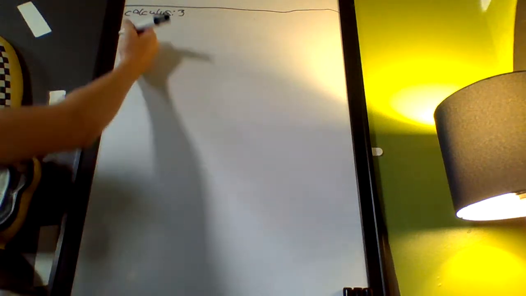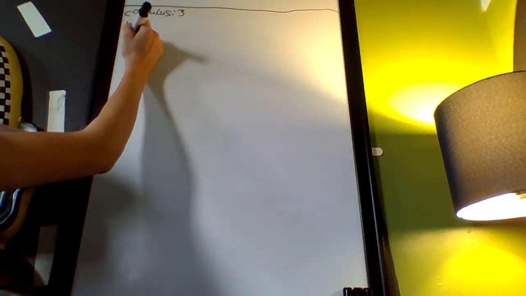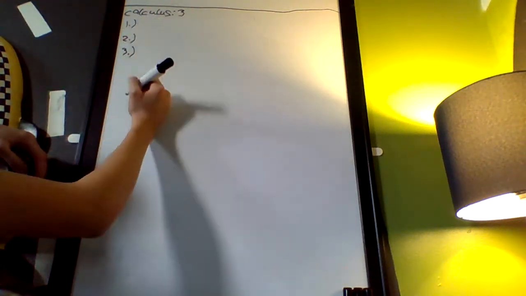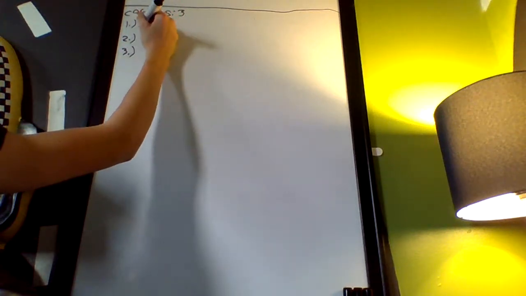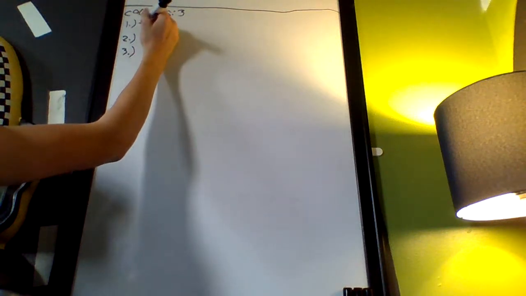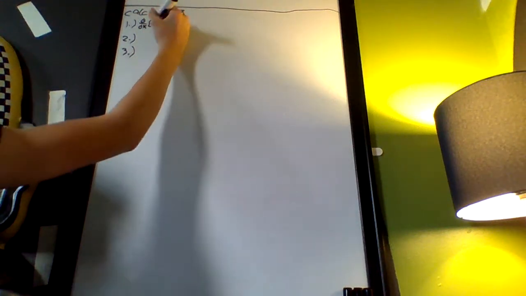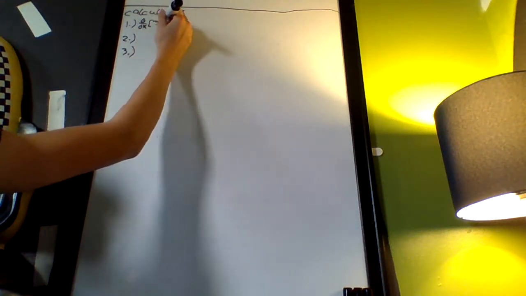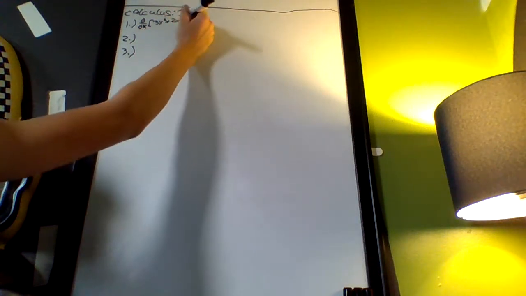So I'm going to give you some problem questions to start off, just to check that you're with me. What is the derivative of 3x squared plus 2x minus 1?